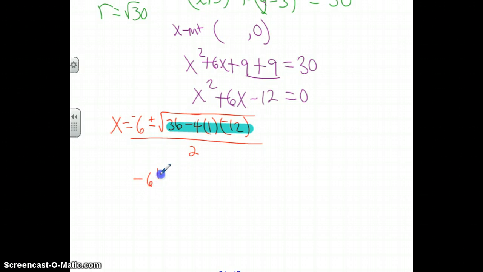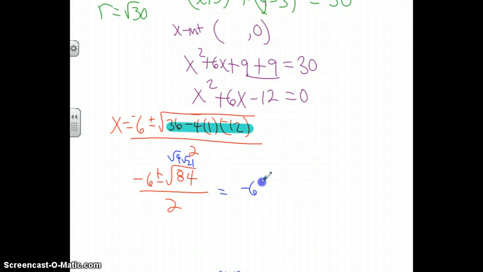I'm going to multiply all this out. So negative 6 plus or minus the square root of 84, which I believe divides by 4 and 21.